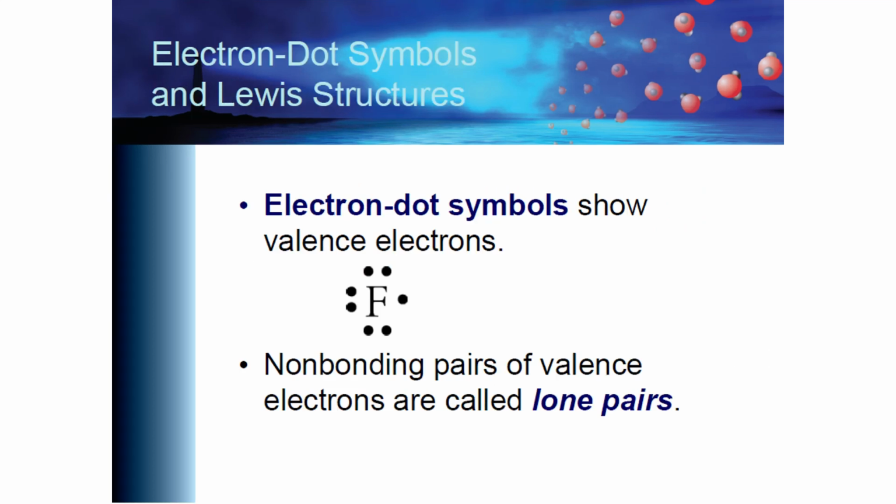Giving you some other examples, if we wanted to draw magnesium as an electron dot symbol, magnesium is in group 2A, so it's going to have 2 valence electrons.